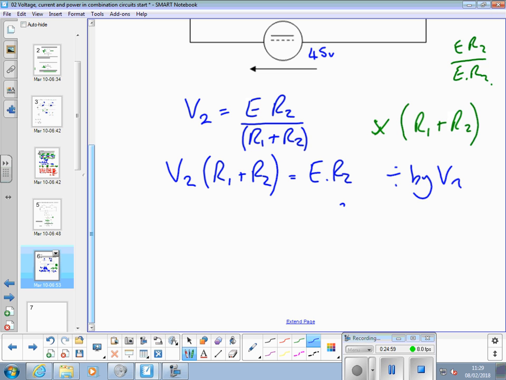Divide by V2: R1 plus R2 equals E R2 over V2.